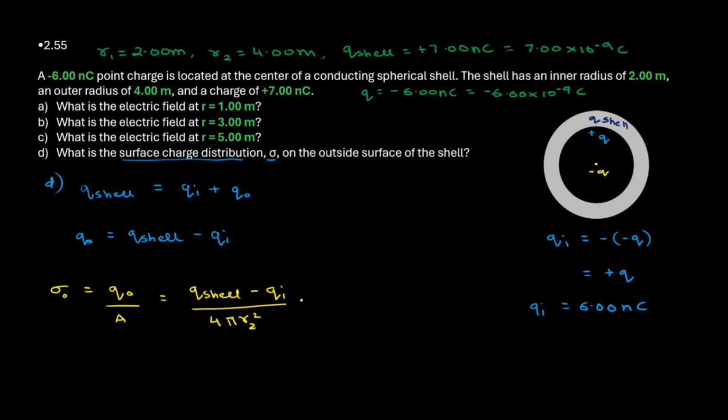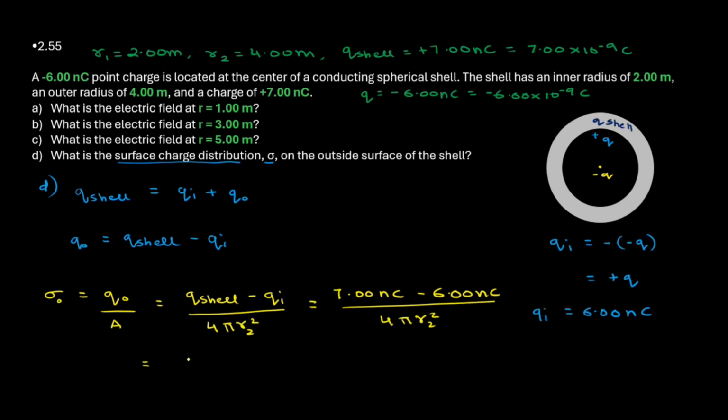Now we can substitute the value. Charge on the shell is 7 nanocoulomb. Charge on the inner surface of the shell is 6 nanocoulomb. Divide by the area, 4 pi r2 squared. That gives me 1 nanocoulomb over 4 pi r2 squared.